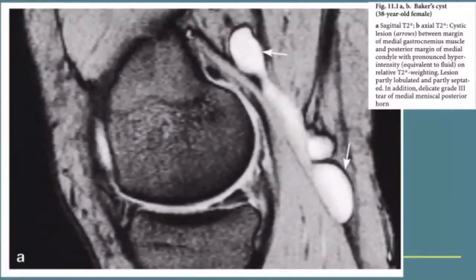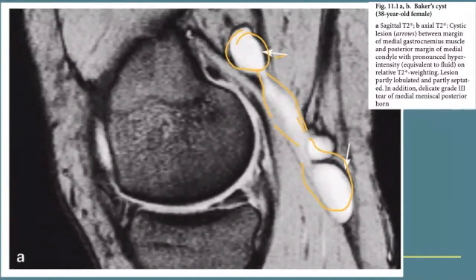This is the MRI of the Baker's cyst, sagittal T2. This is the arrow. So this is the Baker's cyst between the margin of the medial gastrocnemius muscle and the posterior margin of the medial condyle with pronounced hyperintensity.